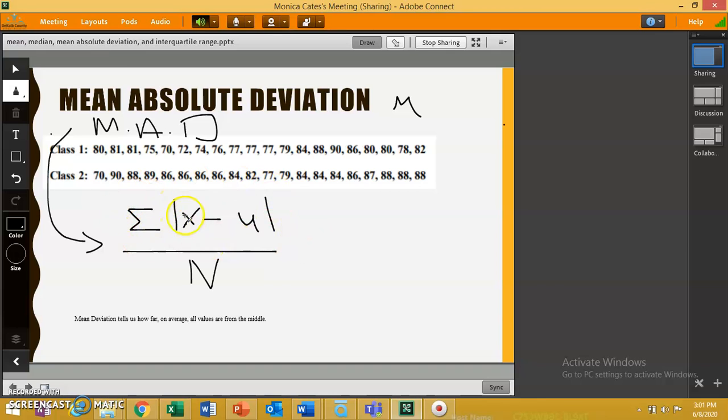This symbol is for summation, divided by the actual number of values, which is n. Mean absolute deviation tells us how far on average all values are from the middle, and the middle is the mean. Or it doesn't necessarily have to be the middle, but it's the mean of our values.